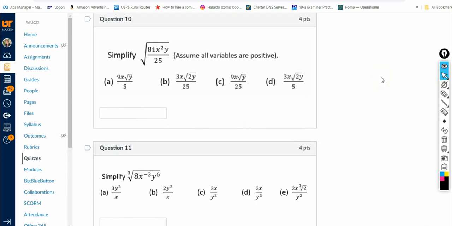Okay, so again, it's a fraction, so I can write it up like that. And the square root of 25 is 5, so I'm going to have 5 in the denominator. Now in the numerator, I can split that up.